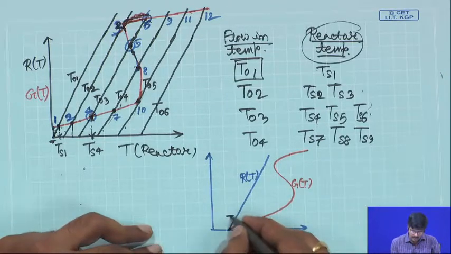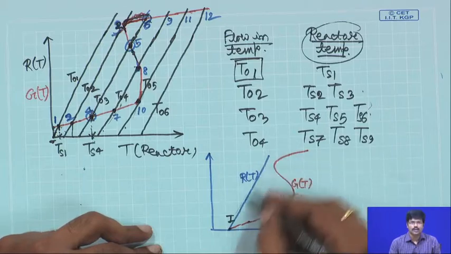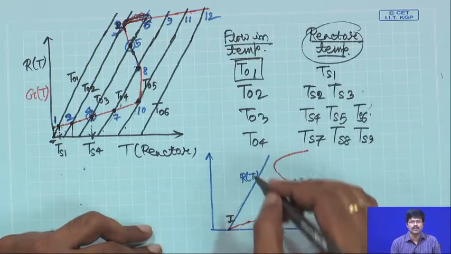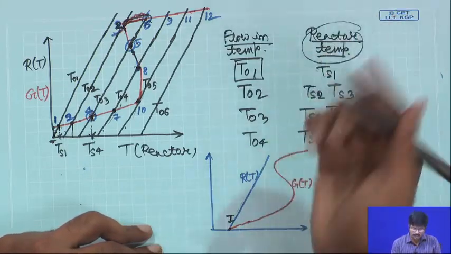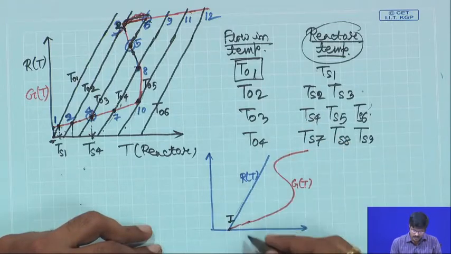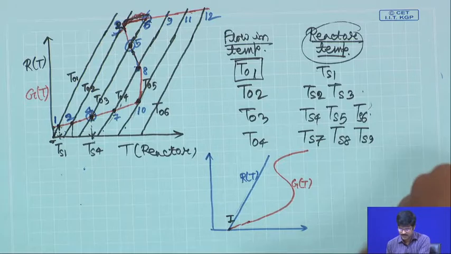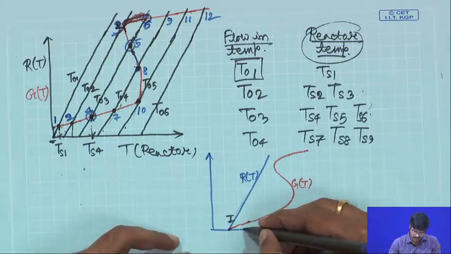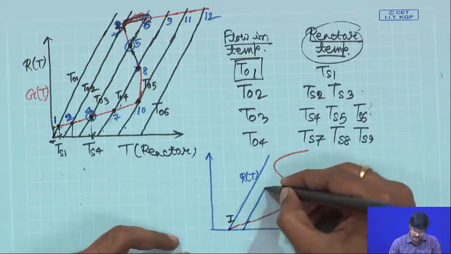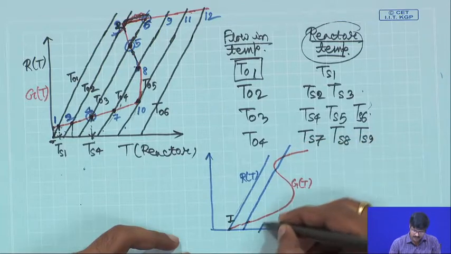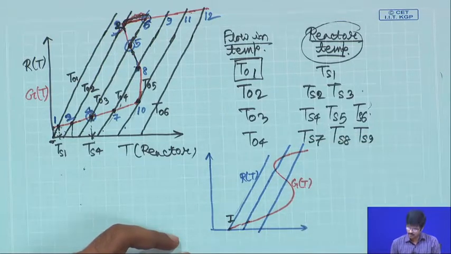Now, this is one particular line for the RT which corresponds to a particular T0 value and Tc value. Okay. You can have another line like this, you can have different lines like this, and so on and so forth.